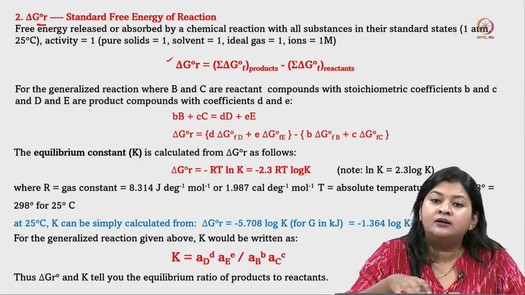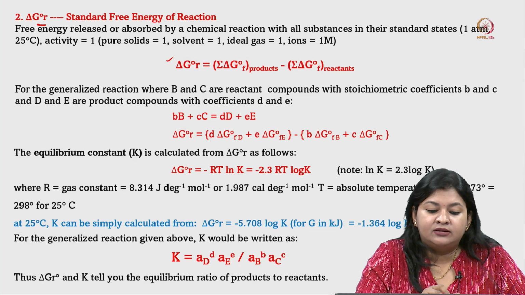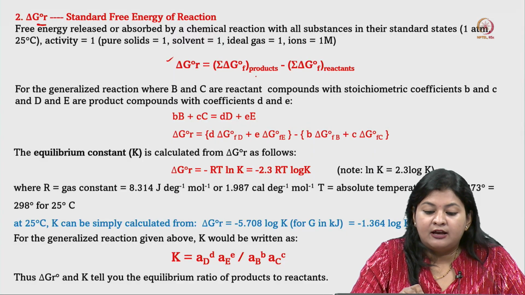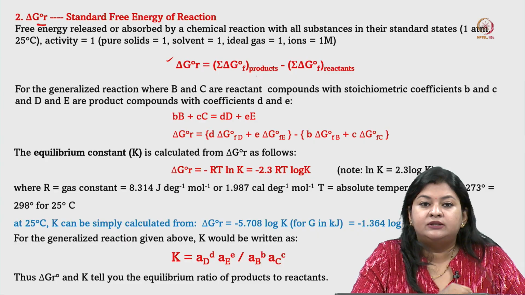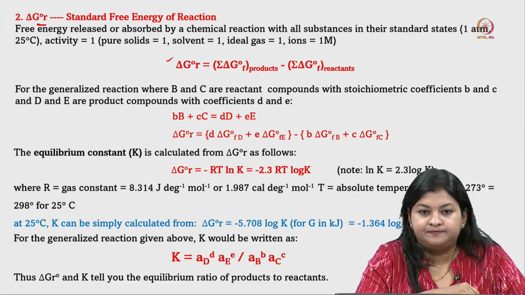So, all the reactants are in the standard state. Then delta G0 R is equal to the summation of delta G0 F of products minus the summation of delta G0 F of reactants. So, it is just products minus reactants.